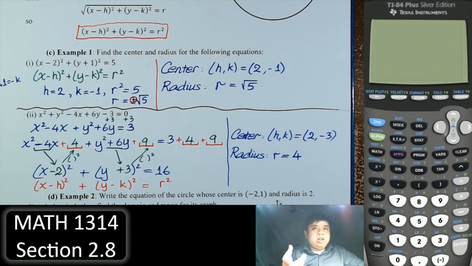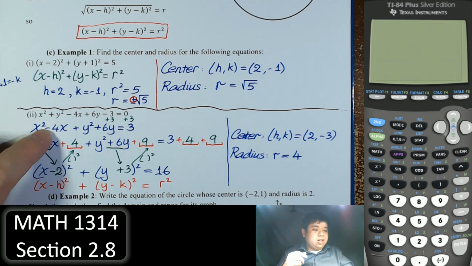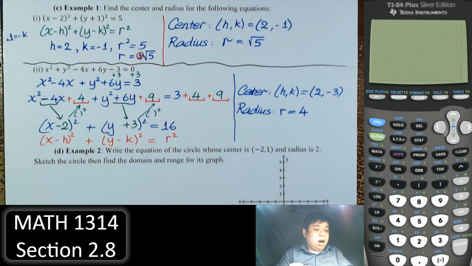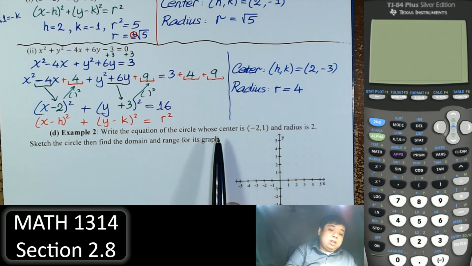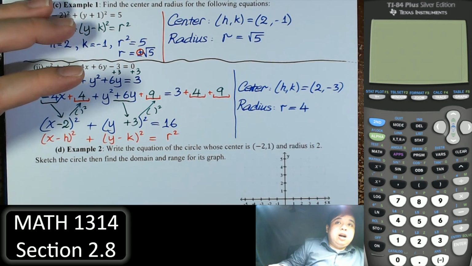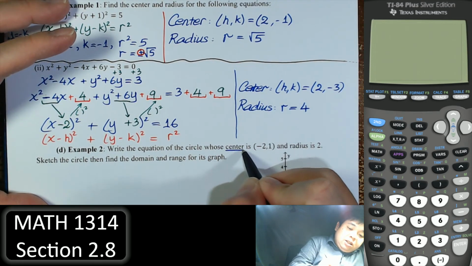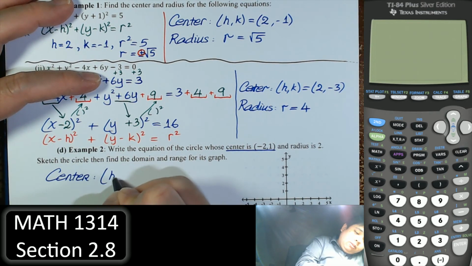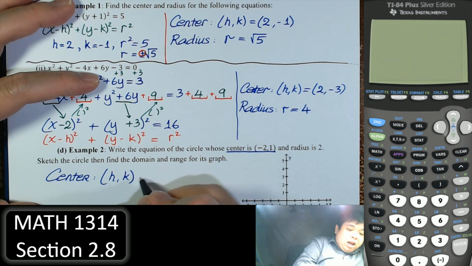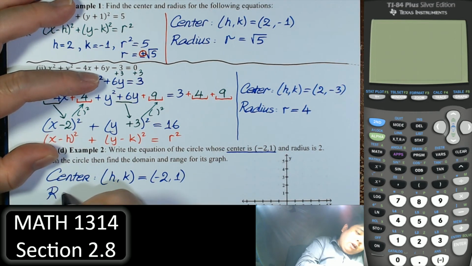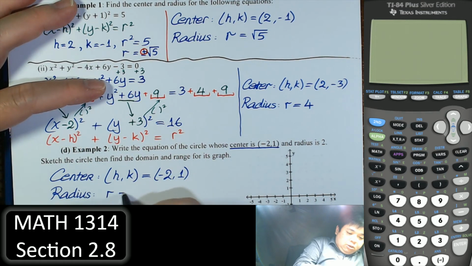So from the equation of a circle, whether it's in the standard form or not, we can find the center and the radius. Now we're trying to write the equation of a circle. We have the center negative 2 and 1, the center of the circle is at (h, k), and the radius is 2.